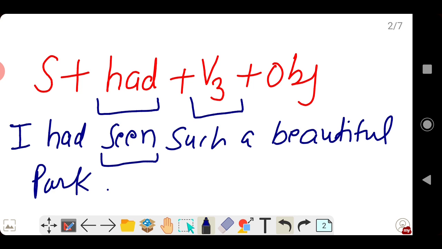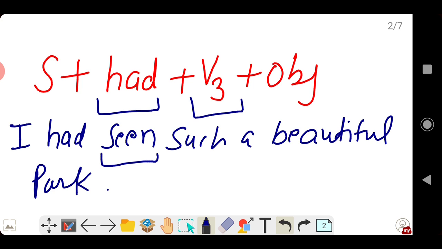Later on I'm going to write some specific examples about past perfect tense, but let me discuss very simple ones, like: I had seen, I had come, I had talked, we had cooked, you had cooked. Otherwise, the past perfect tense is also used with just, or with simple past tense.